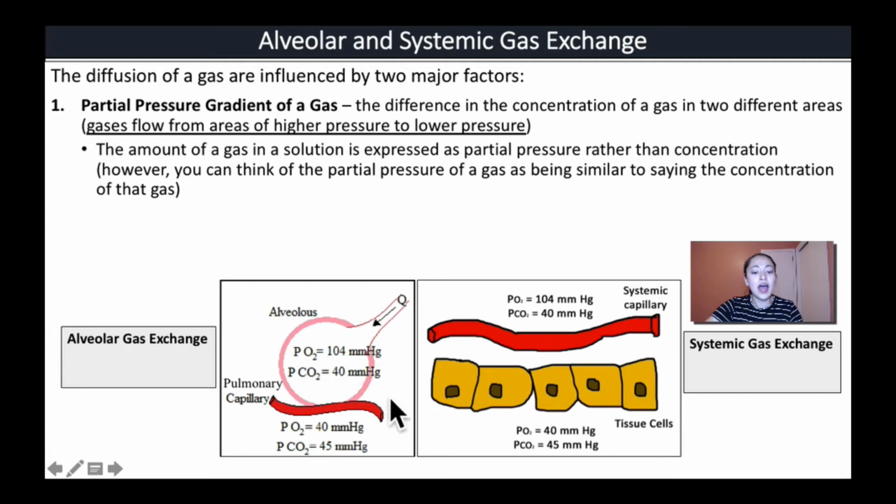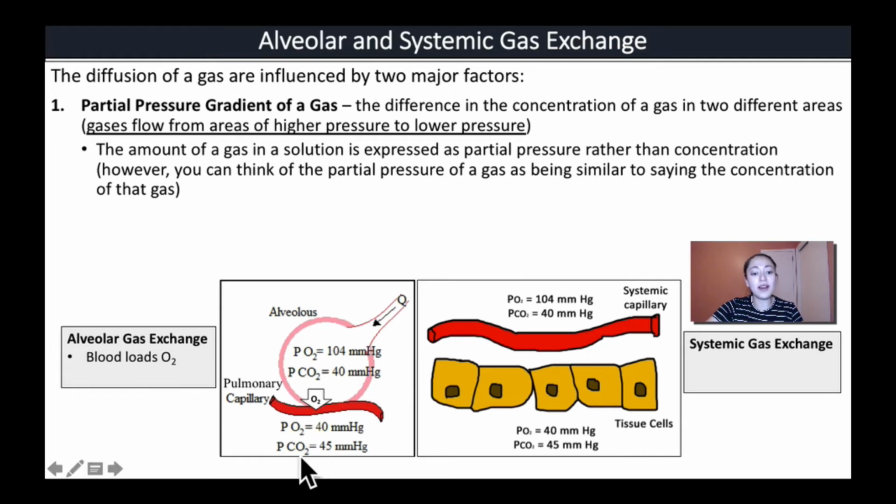However, the blood in the pulmonary capillaries only has a partial pressure of oxygen of 40. Which way will oxygen want to move if it's going to move from an area of higher pressure to an area of lower pressure? Well, oxygen is going to go into the blood. So the pulmonary capillaries load up oxygen as they move past the alveoli.